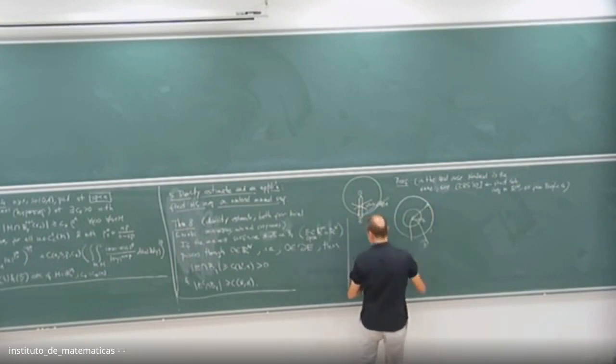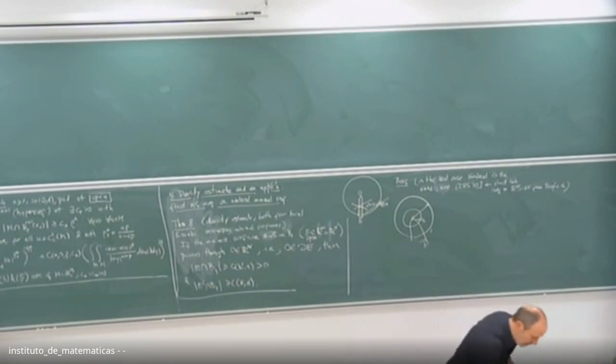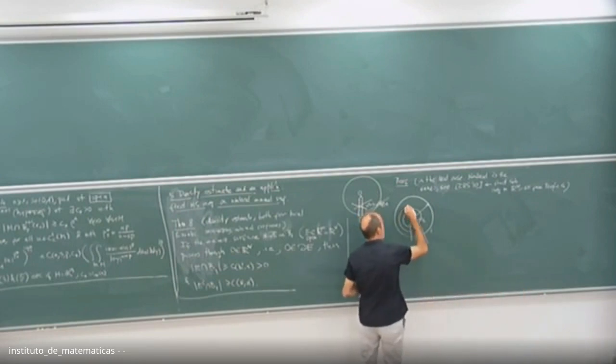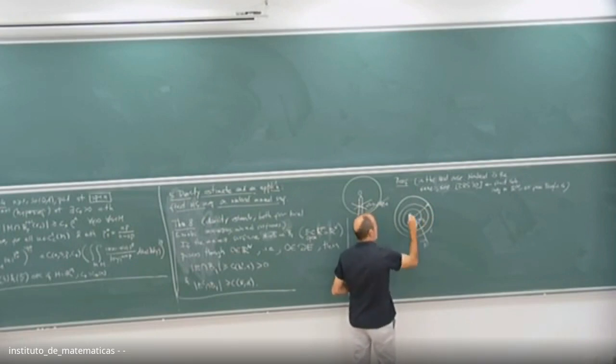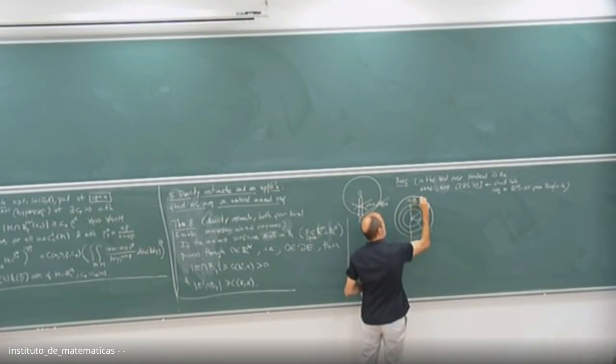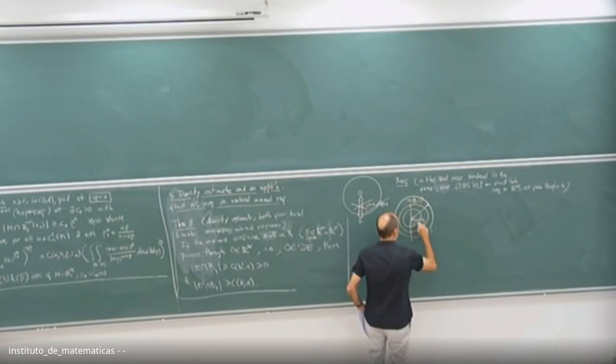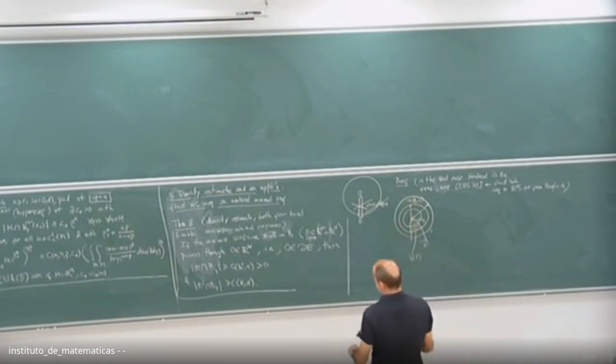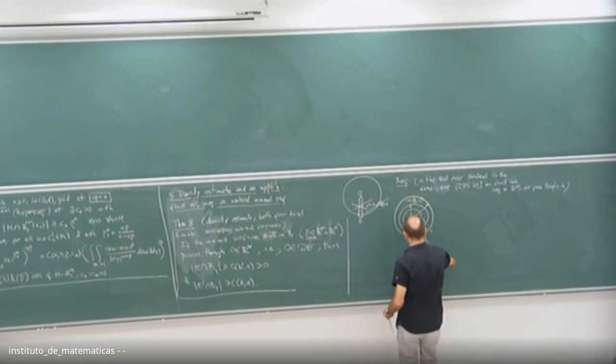And now we will take any radius, r between 1/2 and 1, and I will have this set here that I call V sub r. Well, it's not very good notation, but let's call it V sub r.